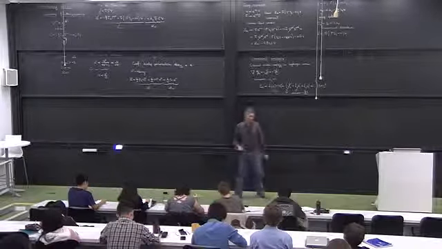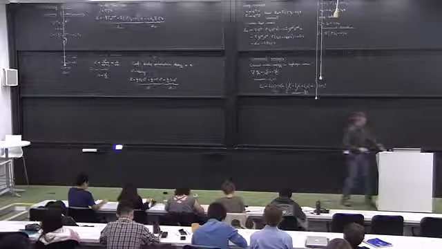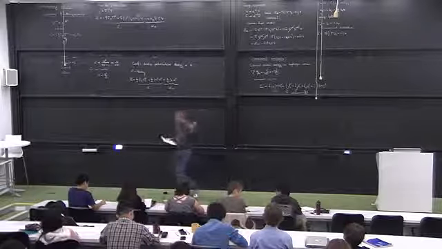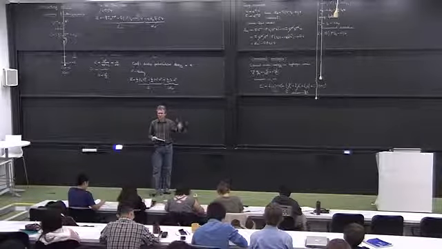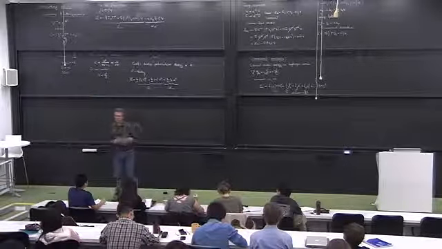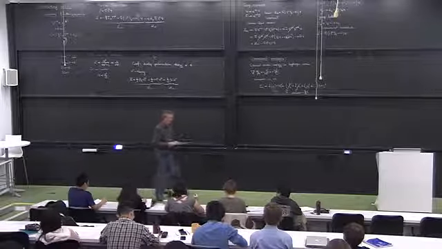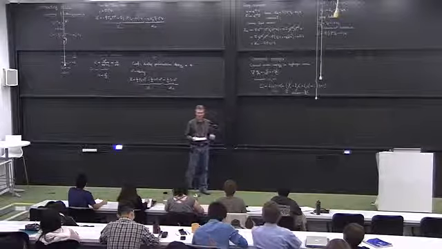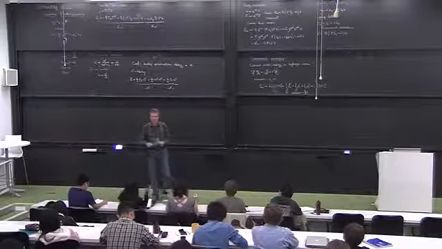To obtain 1/2, you need to work really hard. You need to solve this Schrödinger equation. But to obtain the dependence on m and alpha is pretty easy.